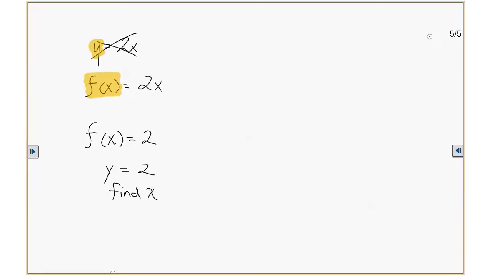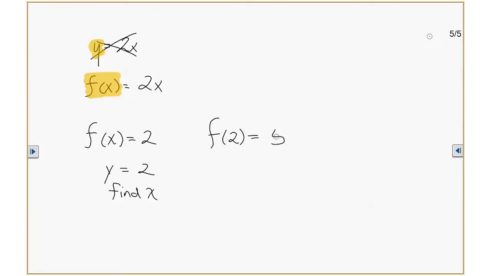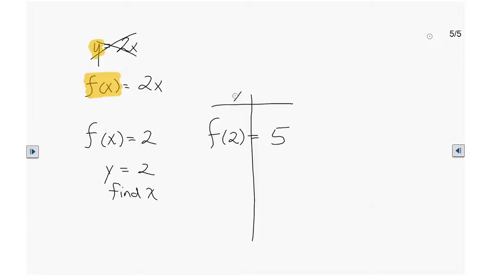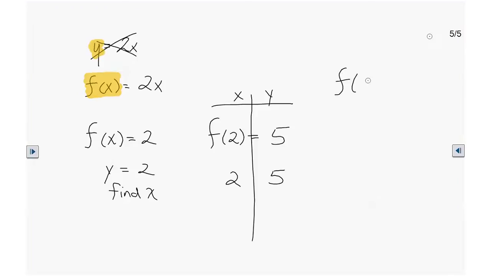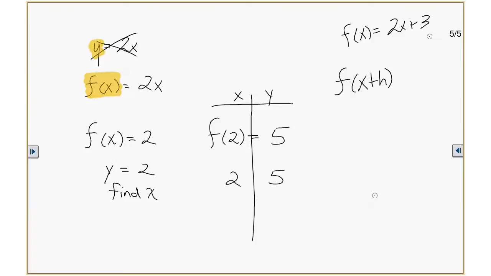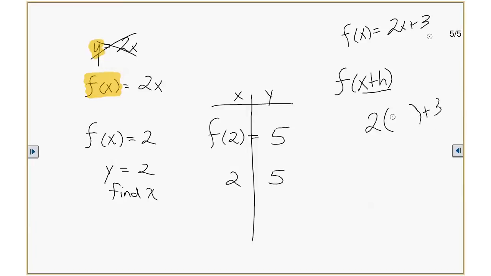If I give you f of 2 is equal to 5, then I'm basically telling you that y is 5 when x is 2, just like you learned back in pre-algebra. If I give you f of x is equal to 2x plus 3, then if I want f of x plus h, wherever there's an x, I put a set of parentheses, then I plug in x plus h.